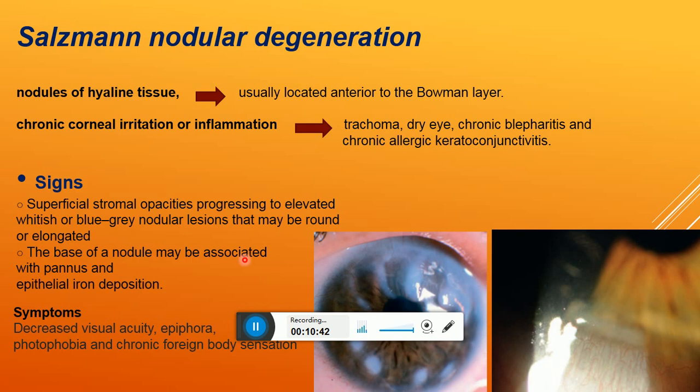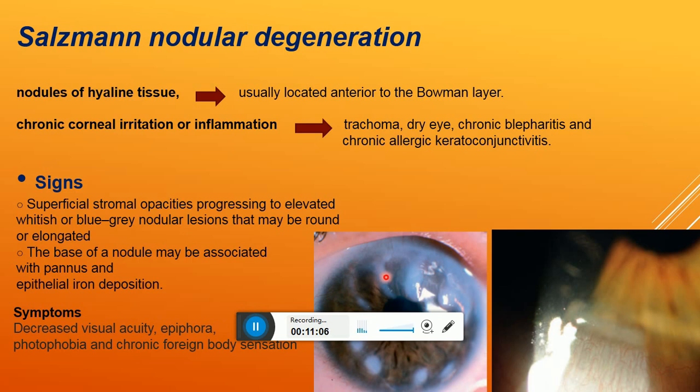It can occur in any form of chronic corneal irritation or inflammation such as trachoma, dry eye, chronic blepharitis, chronic allergic keratoconjunctivitis.